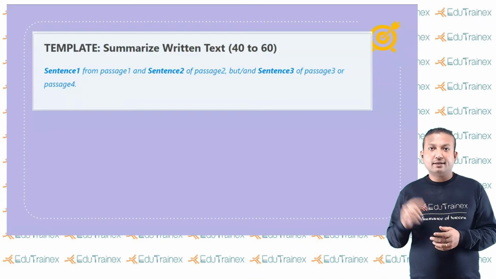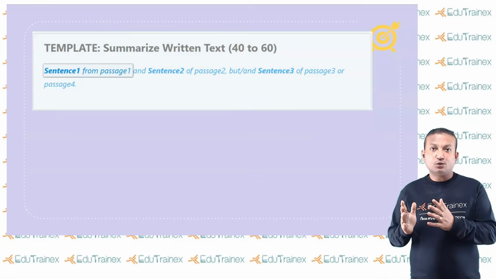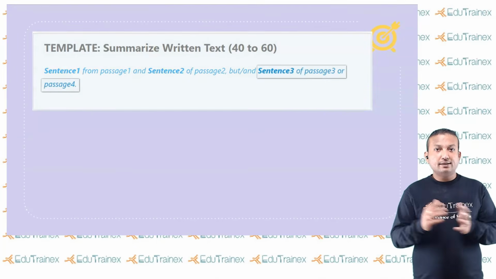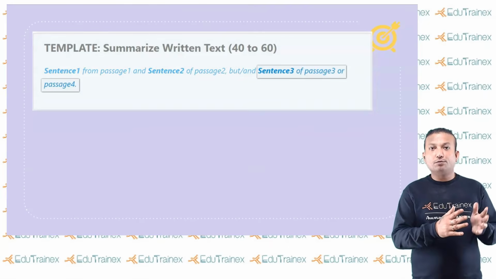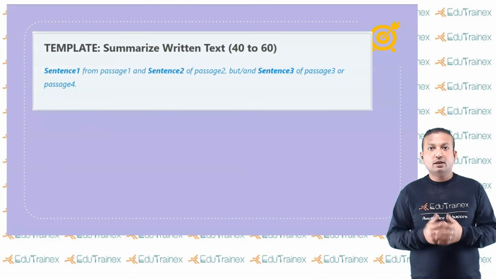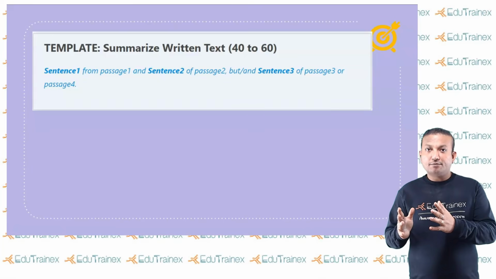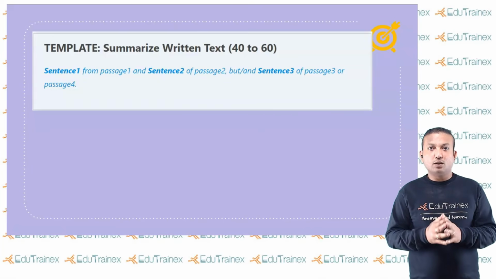Now see the template which says sentence 1 from passage 1, sentence 2 from passage 2, and sentence 3 from passage 3 or 4 have been used. Conjunctions like "and" and "but" are used here to combine this together. If there is already a conjunction word at the beginning of the sentence, you just use it once.